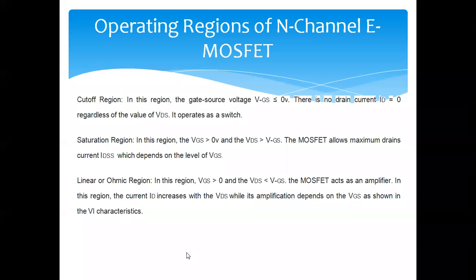Again, when we are saying the maximum drain current, there is a limit to that maximum drain current. Until it reaches the pinch off condition, up to that point only ID will increase with respect to VDS, but once it has reached the pinch off condition, it will remain constant, no matter how VDS increases thereafter.